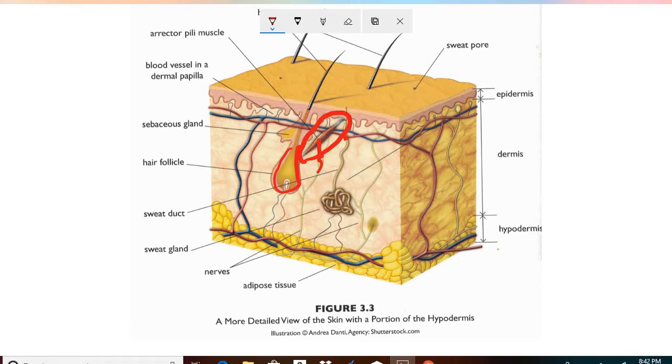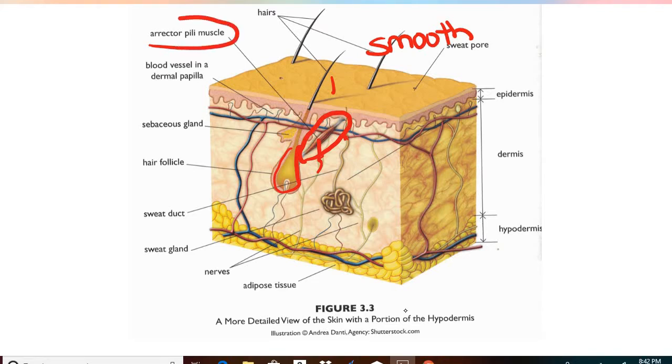So it's a smooth muscle. We haven't learned about muscle yet, but you know that one type of muscle is smooth muscle. So that muscle that you see there is a smooth muscle, and it is called, actually here, erector pili muscle.